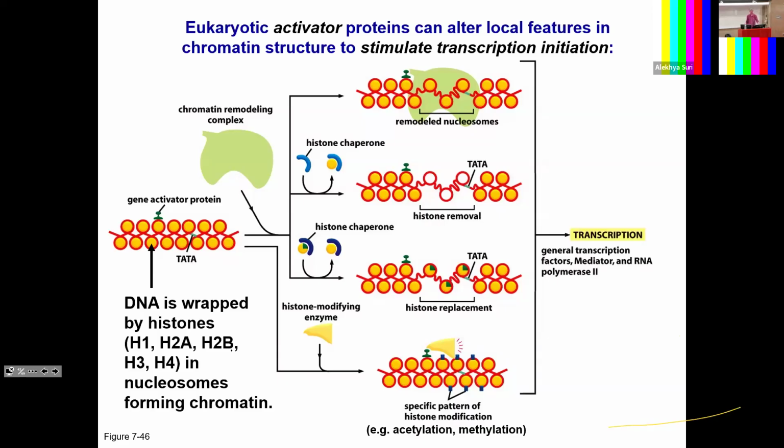So chromatin remodeling complexes are one of these that will help to open this nucleosome DNA structure.